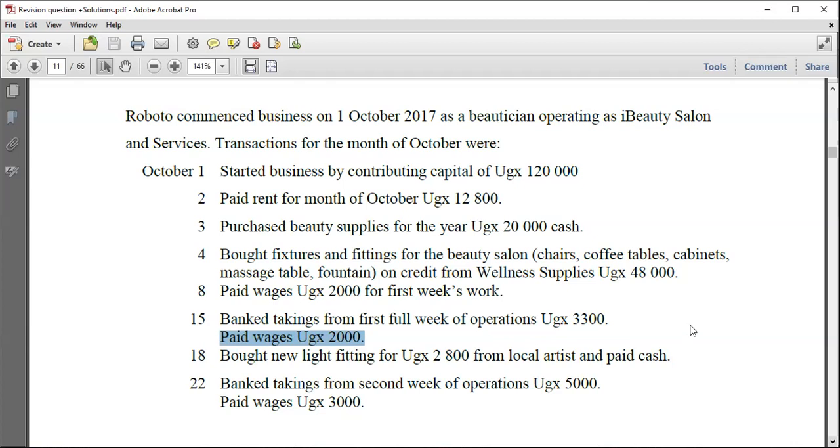On the same day, they also paid wages. We shall debit our wages, because wages are expenses and when expenses increase, we debit them. And then we shall credit our cash.